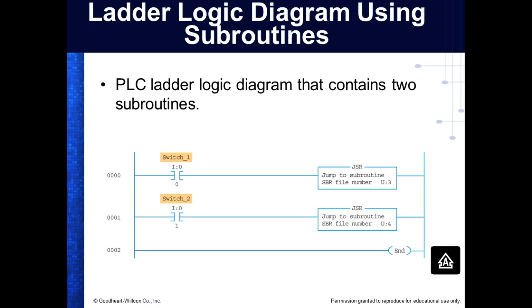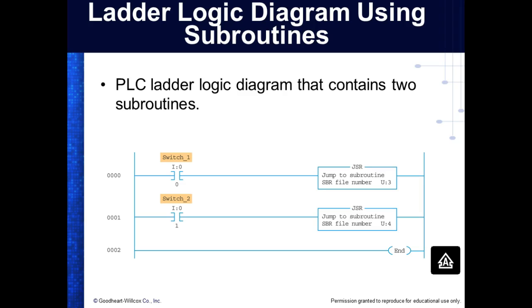U. So jumps use Q2, JSRs use U. We specify a number. Everybody okay? Yeah, so each subroutine has, if you want to call the same subroutine ladder, we would use the same U number. Right? Everybody understand that?